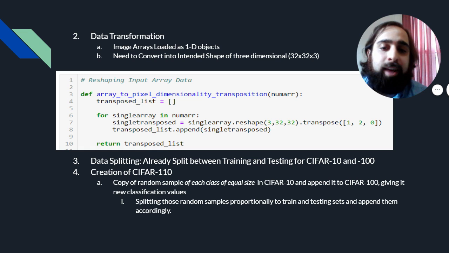So this is just an example function that I created to convert that 1D array into the 32 by 32 by 3 that we want. Again, the data is already split, and I performed some work applying those extra 10 classes into the CIFAR 100 just to make sure that they're shuffled to minimize bias, as well as keeping those classes the same exact size to maintain class balance.